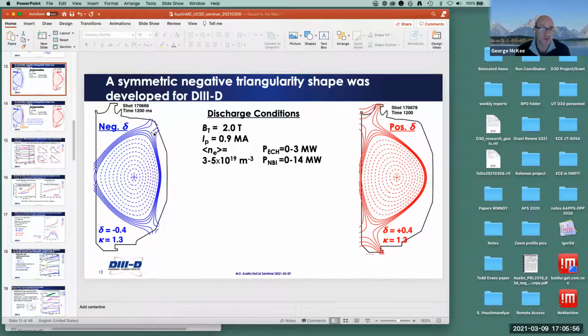Okay, then maybe I have it backwards, because I thought when you did the full equilibrium reconstruction, you got lower Q. I was thinking the direction that Q95 changed in was such that you might expect better confinement. But if it actually goes higher, then in a sense there's a double benefit to negative triangularity, so we should find that out. Typically, if all else is equal and you go to lower Q95, you might expect better confinement, all else being equal. Maybe I'm misremembering that, but that'd be a good point to follow up on.